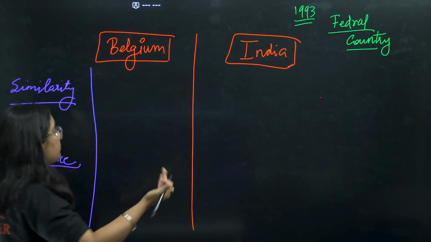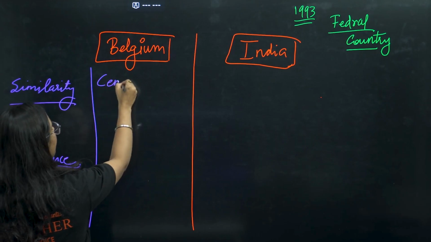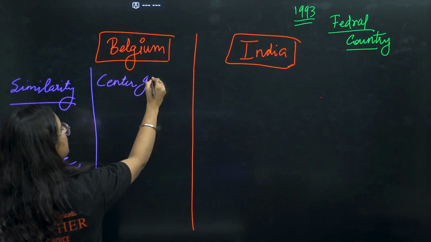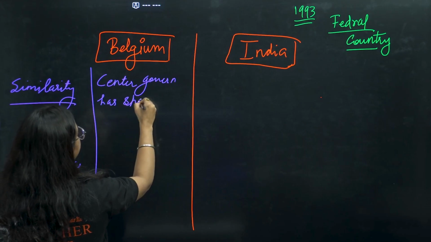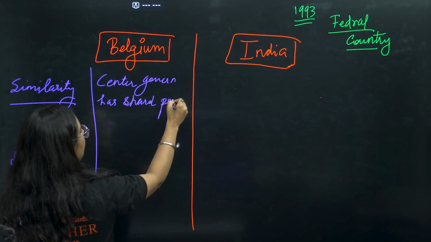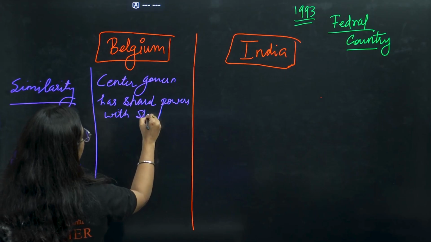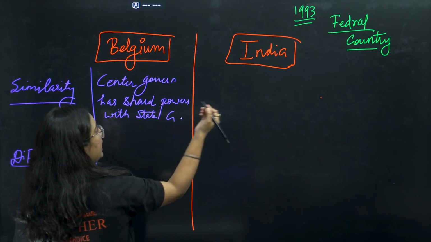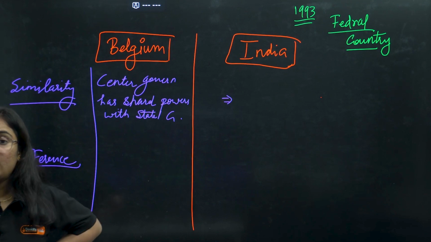In what context? Basically, in Belgium the central government has shared powers with the state government. Here also, the central government has shared power with the state government.